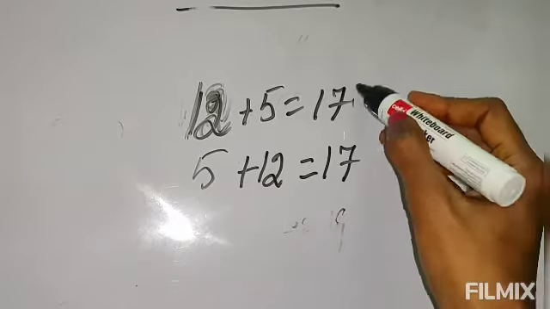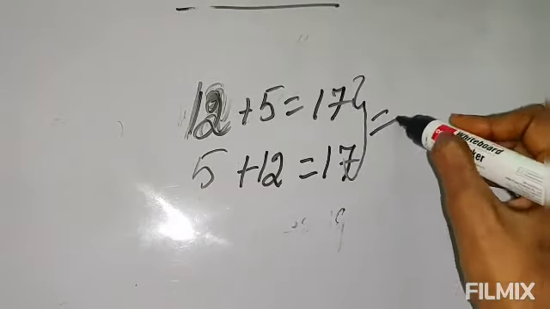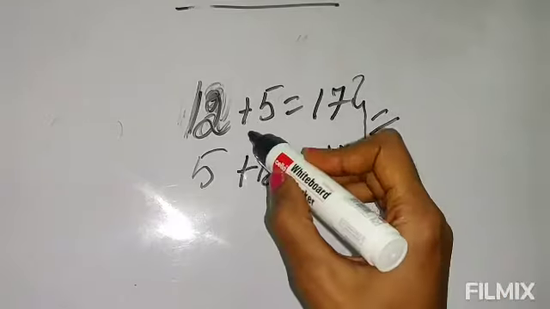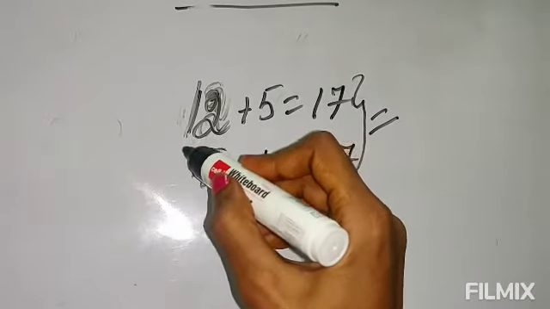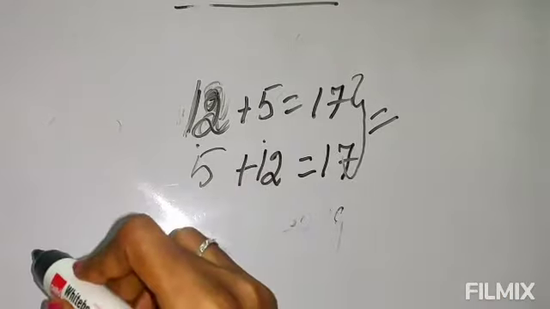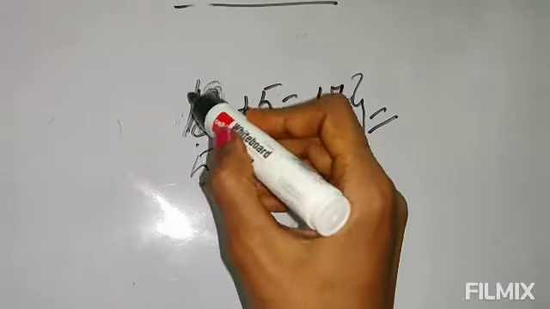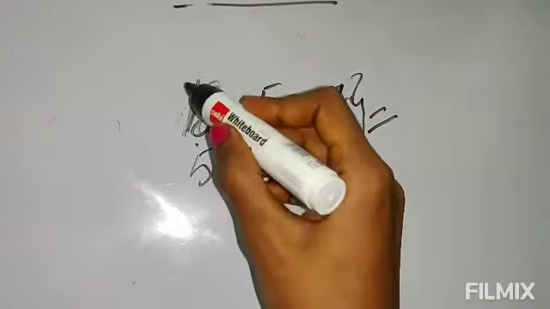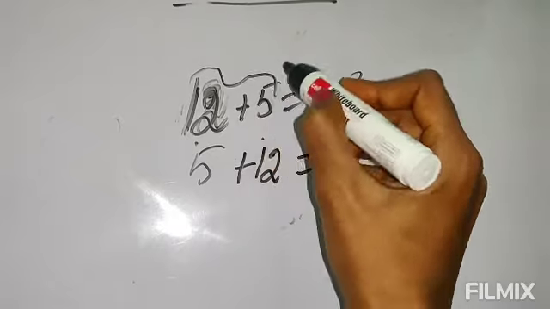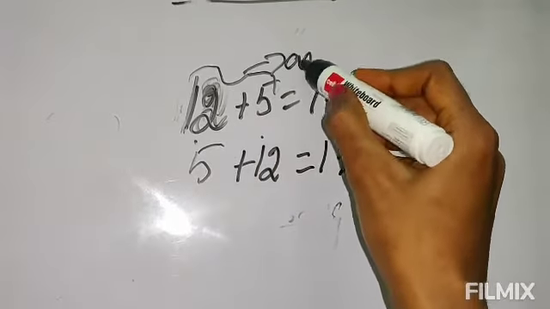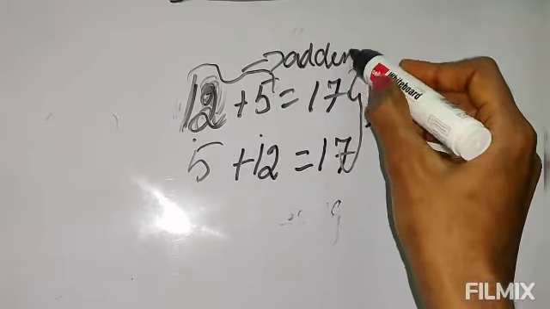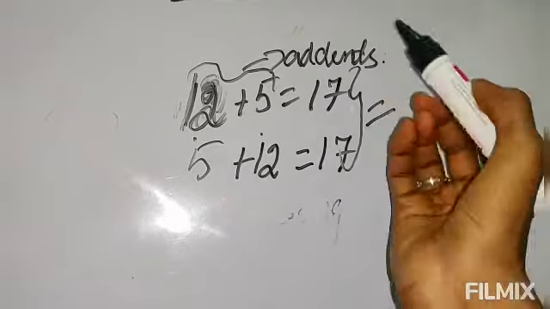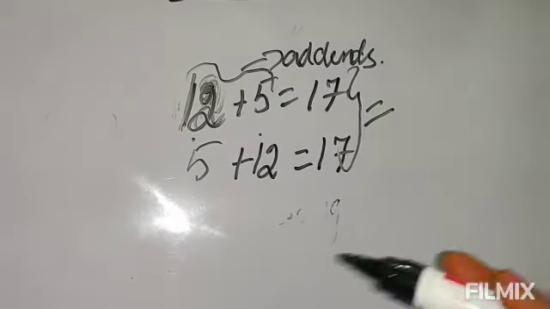So the sum doesn't change. Both sums remain the same. Both are equal. So here we don't have any problem with the bigger number and the smaller number. That's why both together are called addends. They both don't make any difference. You can write them in any order, first and second, no?